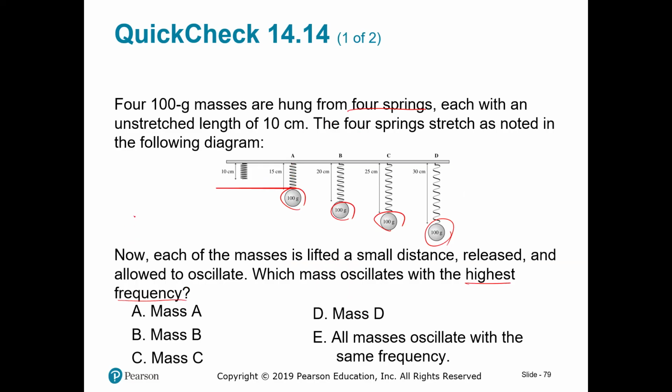Your frequency is proportional to root of K over M. Here, M is the same, so your frequency is simply proportional to root K. So now you see, without knowing any physics, you can find which one is the stiffest spring. Of course, A, right? Because once you attach the same mass, it stretches the least distance, right?